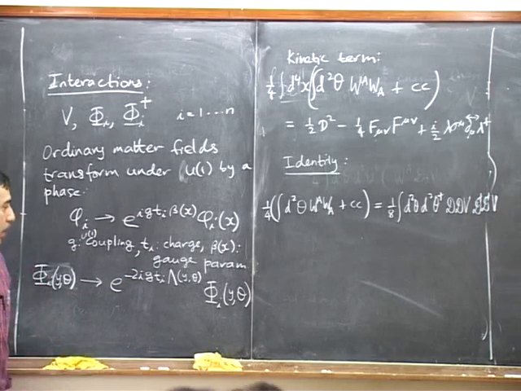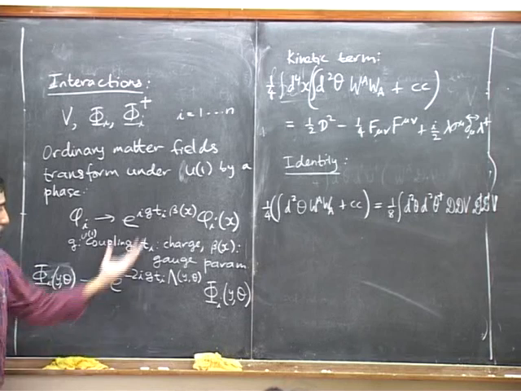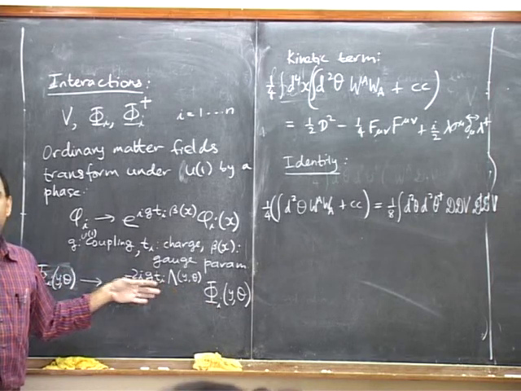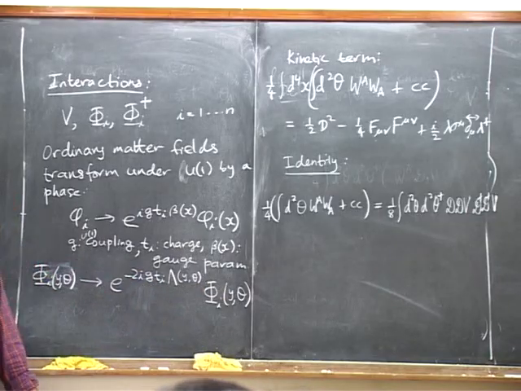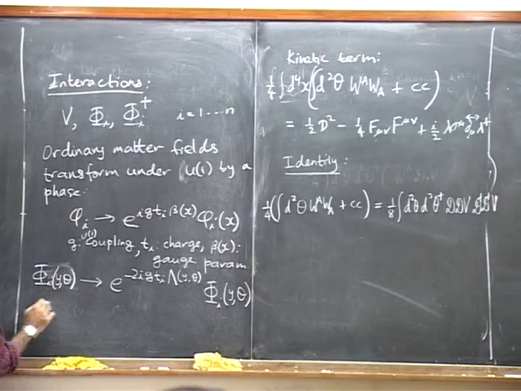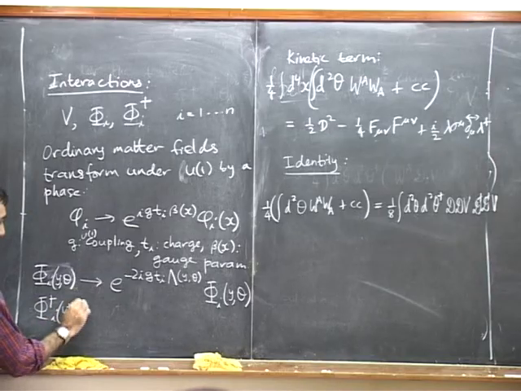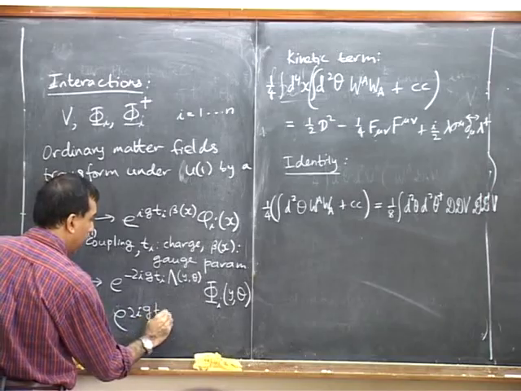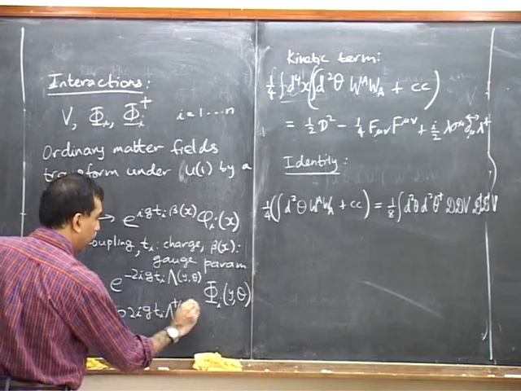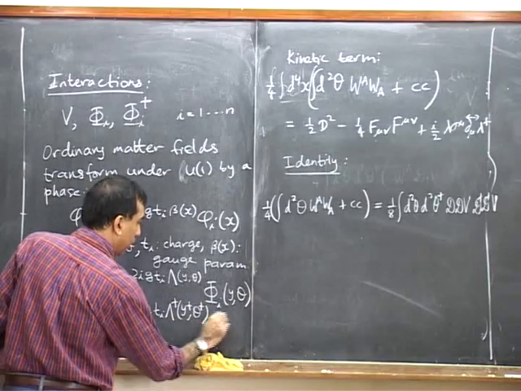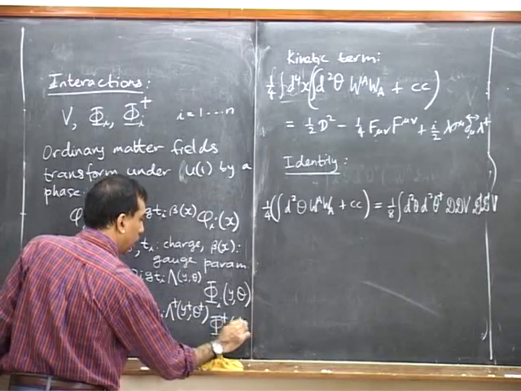And the third thing is that the fact that this is a chiral superfield after this transformation, and that it reduces to the gauge transformation on the scalar component, uniquely defines it. For the anti-chiral superfield, we just dagger everything inside, and we get e to the plus 2i g t^I lambda dagger of y dagger and theta dagger, times phi dagger I of y dagger.